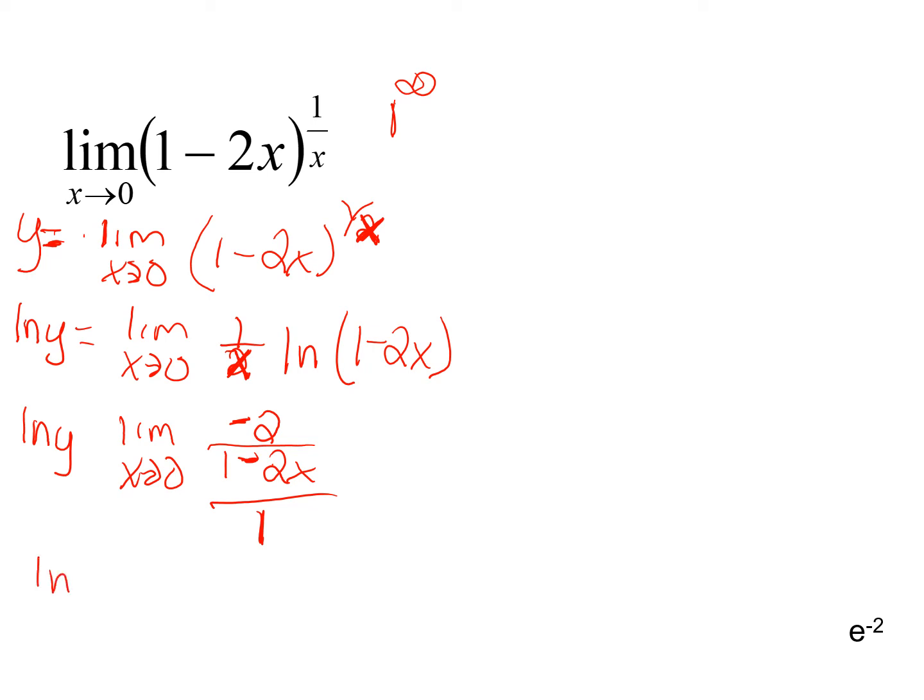We get the natural log of y is equal to negative 2. Is that my final answer? No, because I'm not looking for y. y was equal to the limit. So I'm looking for that limit, so e to the negative 2 is equal to y. So my answer is e to the negative 2.